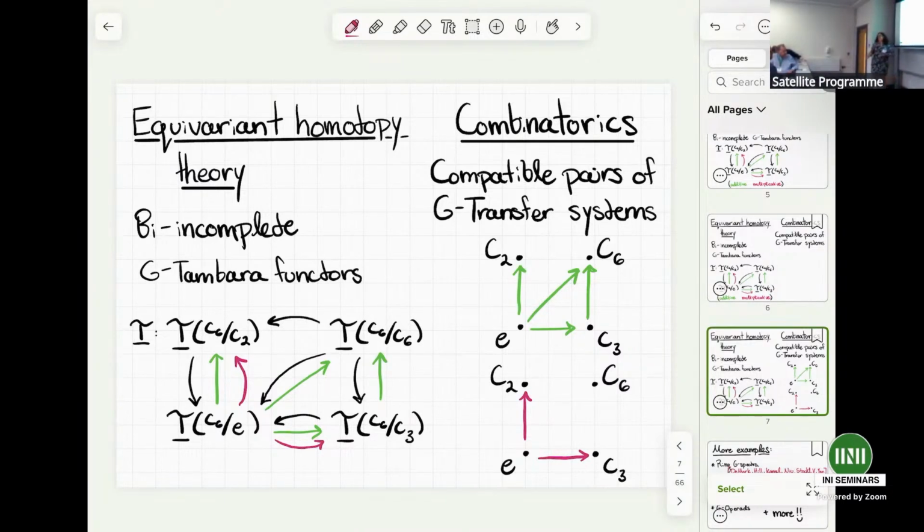LSP or just knowing what your compatible transfer systems are can tell you what your possibilities are for your additive transfers. Oftentimes, I don't know if you've ever worked with Tambara functors, let alone bi-incomplete Tambara functors, they're just really hard to define sometimes. Because there are all these different rules that you need to follow, so even having this skeletal structure could, I think, theoretically be helpful, right? Especially if the multiplicative structure you want to work with is LSP, then you know that there are only two additive things that you can possibly do, and you don't have to screw around with figuring out what else it could be.